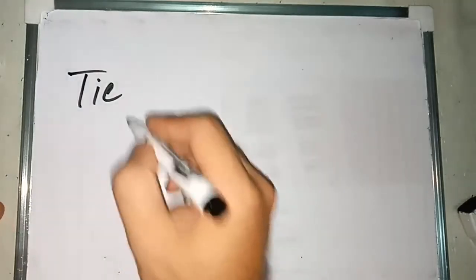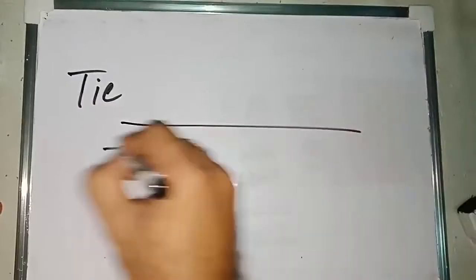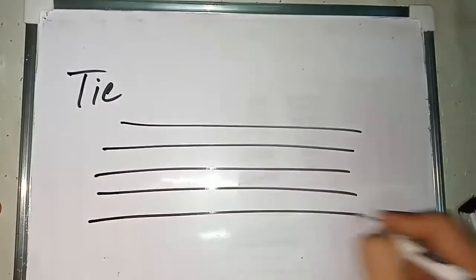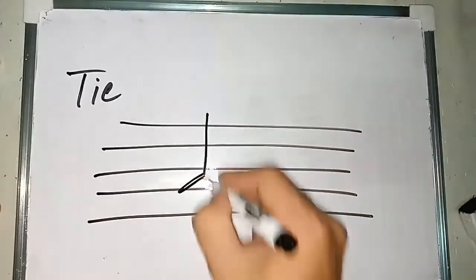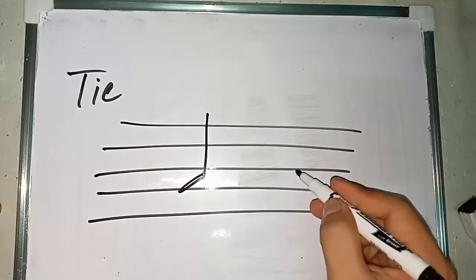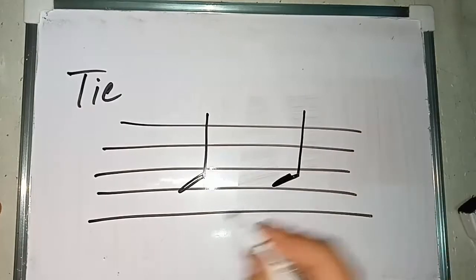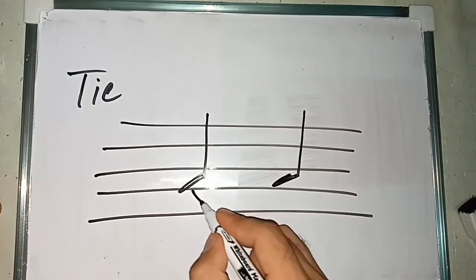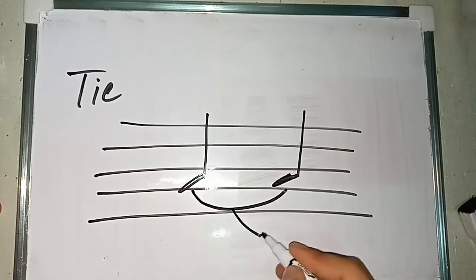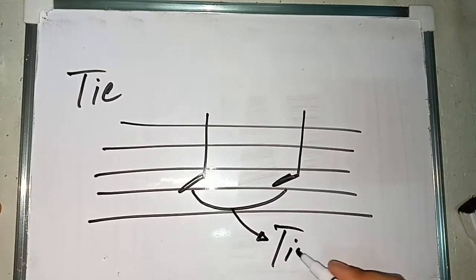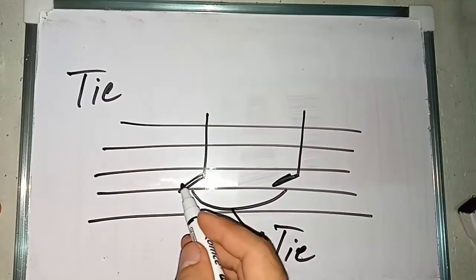For example, we have here a half note and a quarter note. There is this curved line, which we call a tie. So it prolongs the sound of the half note.